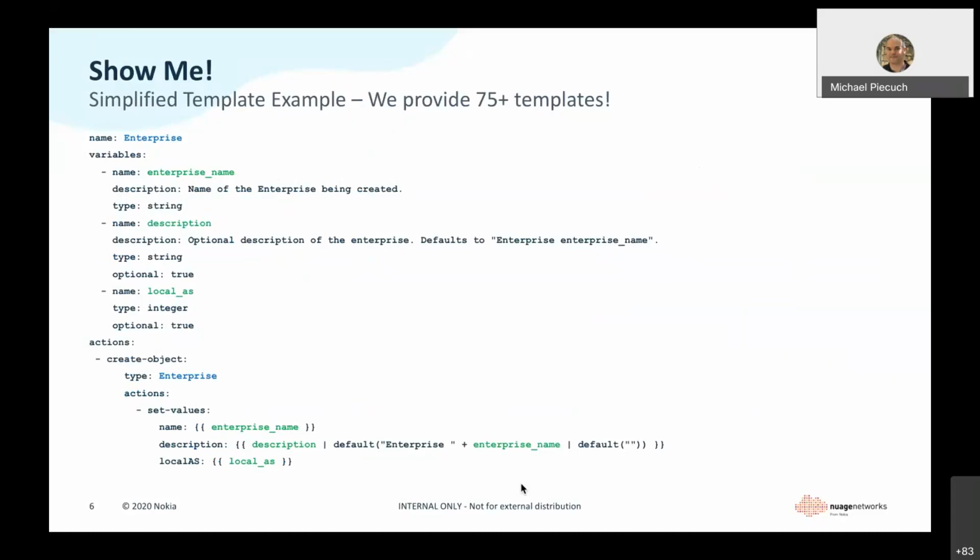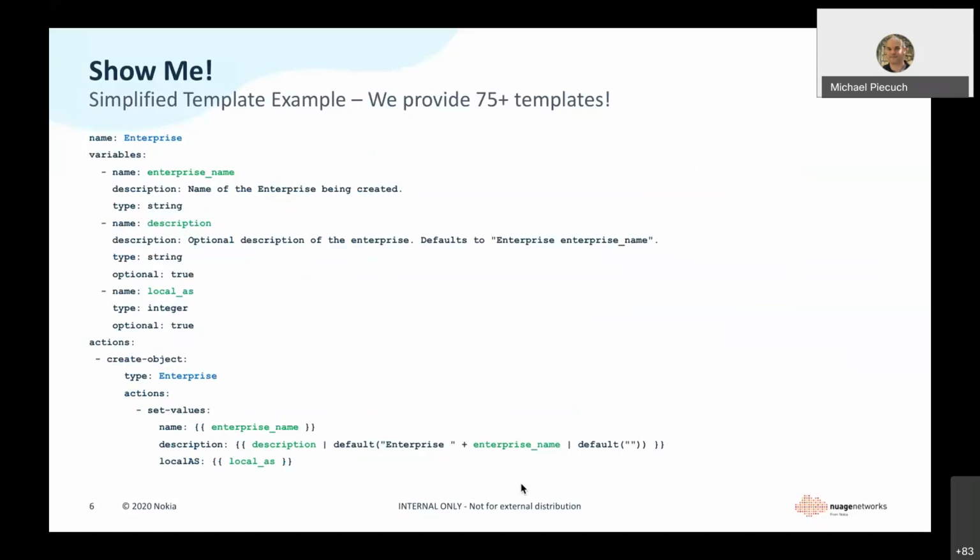So let's talk about the parts of these templates. At the start, it has the name of the template, this is the enterprise template. Following that, there's a variables section, and these define the user data input that is required from the user to apply this template to the VSD.